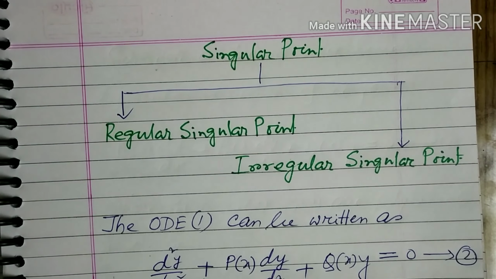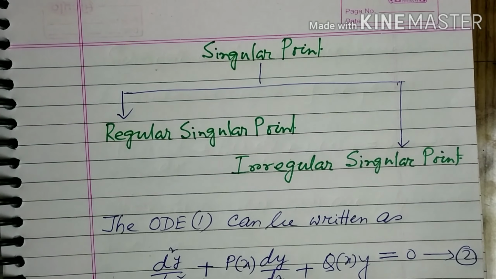Next, regular singular point. What is regular singular point? The singular point x equals a is called regular singular point of equation 1, if both limits exist: the first limit, x tends to a of (x minus a) into p(x), and the second limit, x tends to a of (x minus a) whole square q(x), exist finitely.